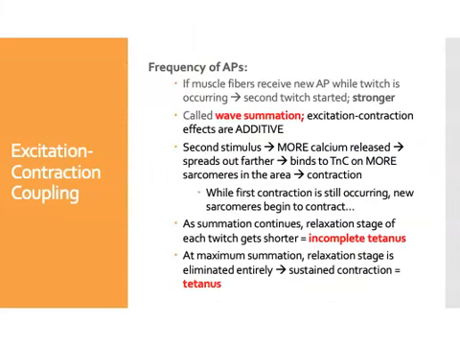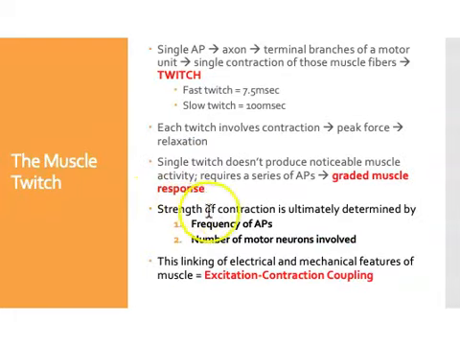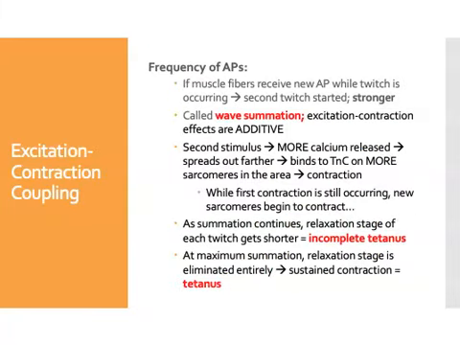So, we said a minute ago that the strength of contraction in a muscle is ultimately determined by the rate that the action potentials are arriving, the frequency, and the number of motor neurons involved. Let's look at the rate of action potentials in a little more detail.